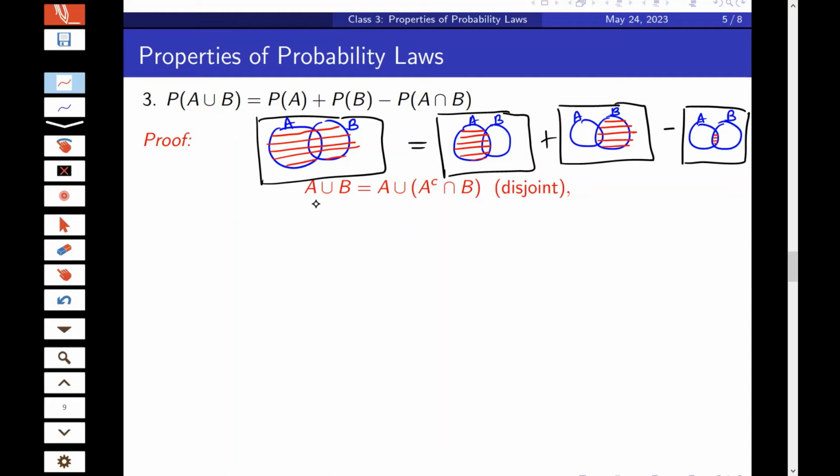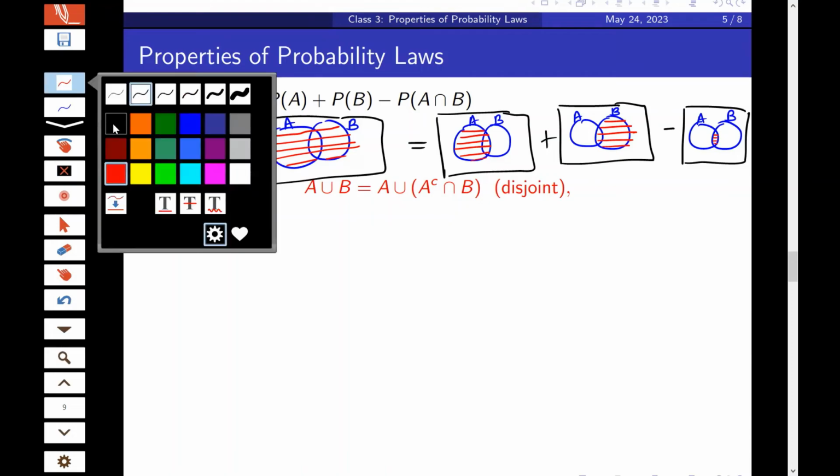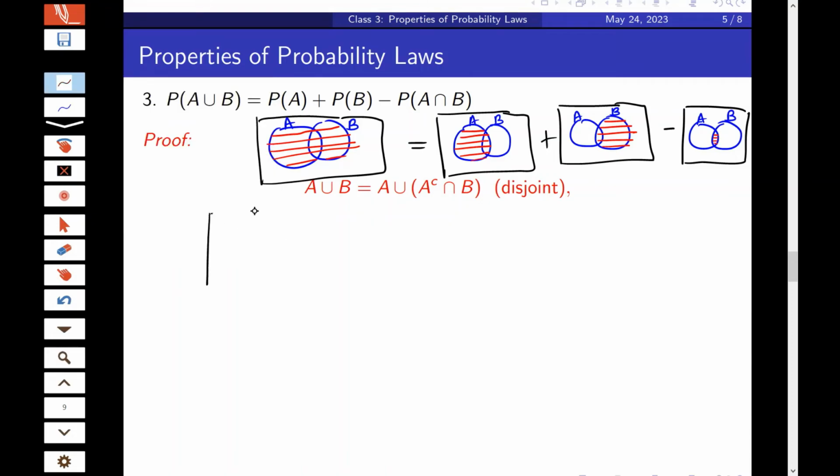So we can write P(A union B) equals P(A union (A complement intersection B)). So we can write A union B as A union (A complement intersection B), using these two events, which are disjoint. Now let's visualize this one first.